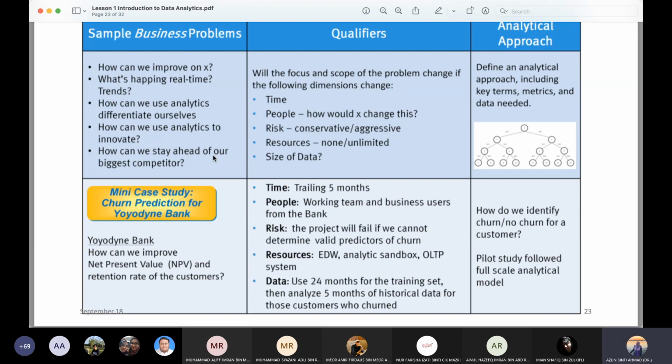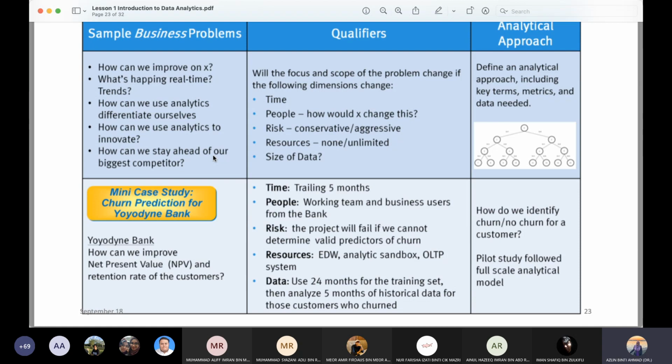And then for analytics, how can they identify the churn or no churn for the customer, and then maybe they can start with a small scale dulu before they can implement it in the full scale. Okay, sebab benda ni melibatkan cost. So bila melibatkan cost, dia tak boleh nak spend buat full scale terus.